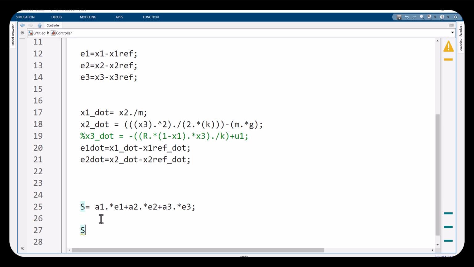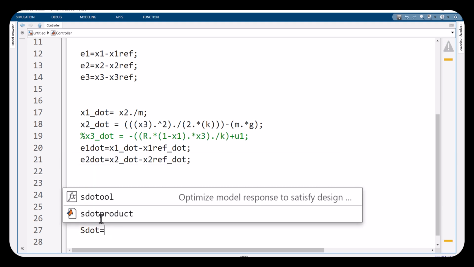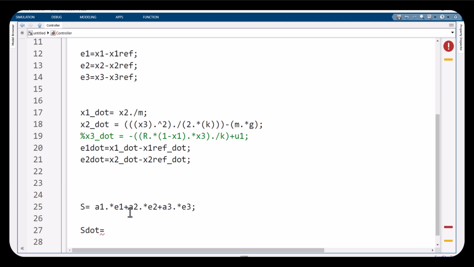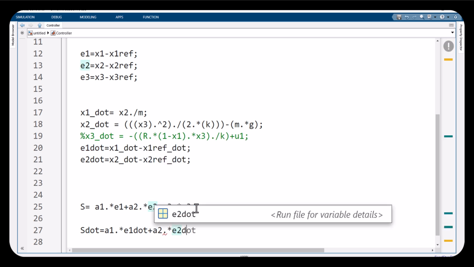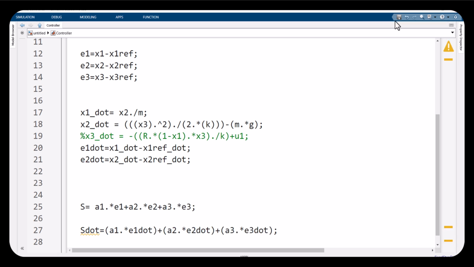I'm not going to define it here, but let's go ahead and see that we will take the derivative of this s. I would say s dot. The derivative would be equal to a1 e1 dot, a1 would remain as it is, plus a2 e2 dot and a3 e3 dot.